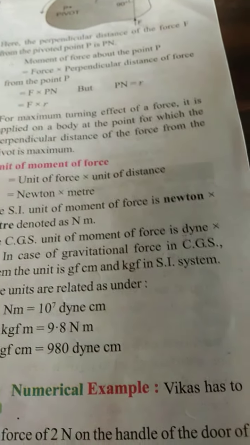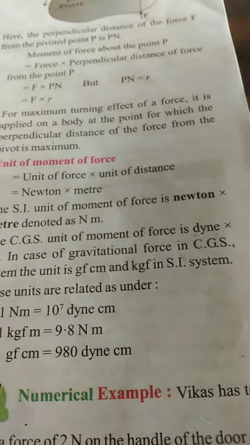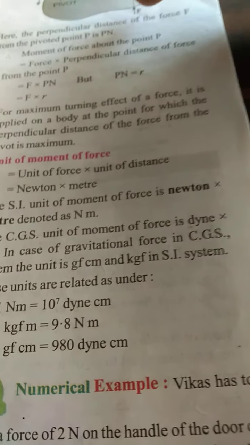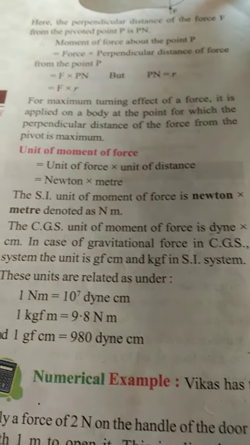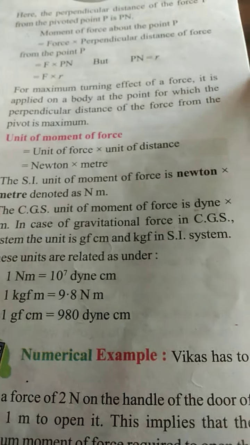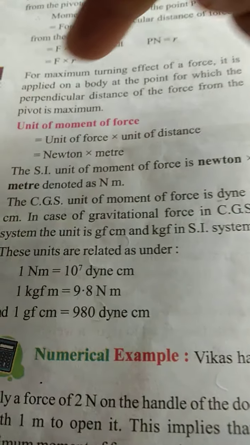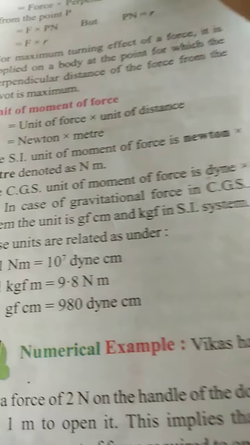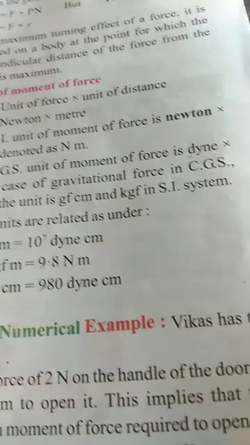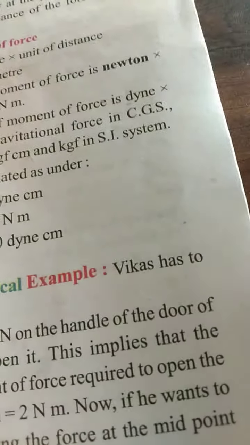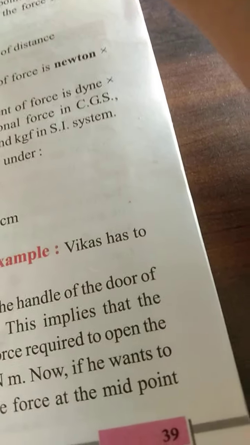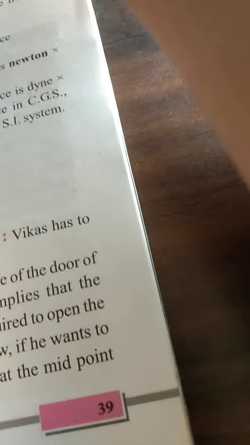Since they are directly proportional, when the perpendicular distance is more, the moment will be more, because moment is force into this perpendicular distance. If perpendicular distance R is more, then F into R will be a greater value. That means the moment of force is more.